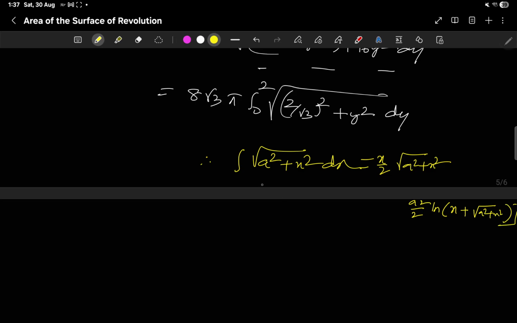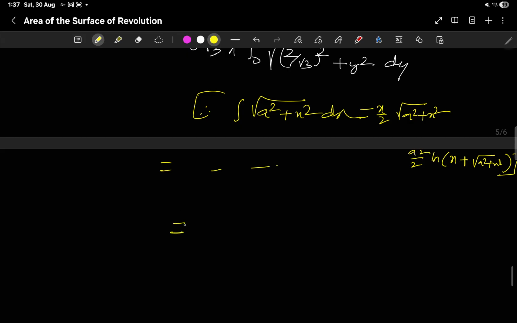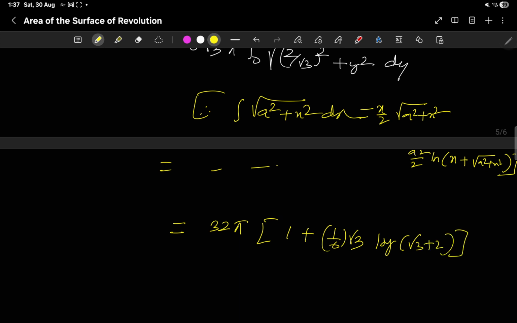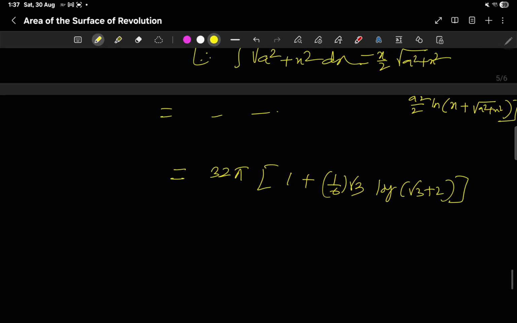You apply this formula and go on simplifying, and you will get the final answer 32 pi into (1 plus 1 by 6 root 3 log of root 3 plus 2). You should solve it. The video is getting lengthy, so I am not calculating the details. You should calculate on your own.